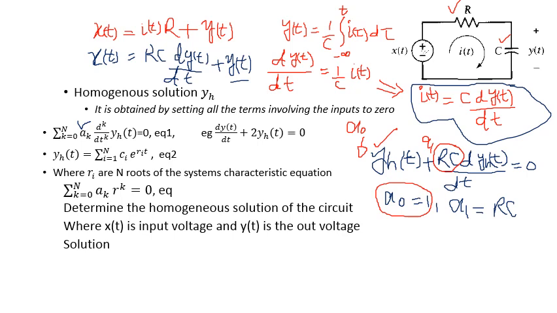So I can say that a0 equals 1, and a1 equals RC. This is the coefficient of the first derivative.